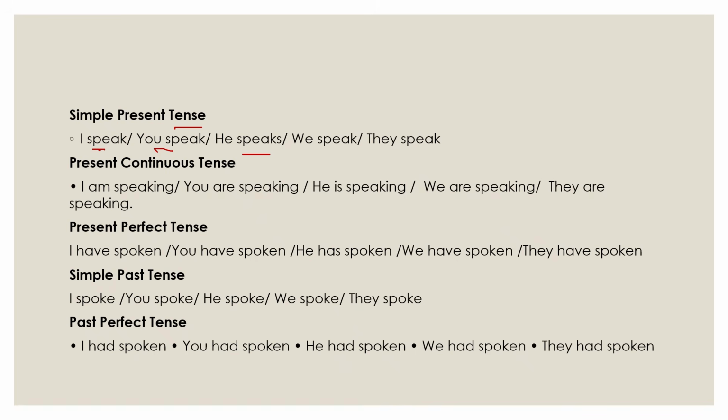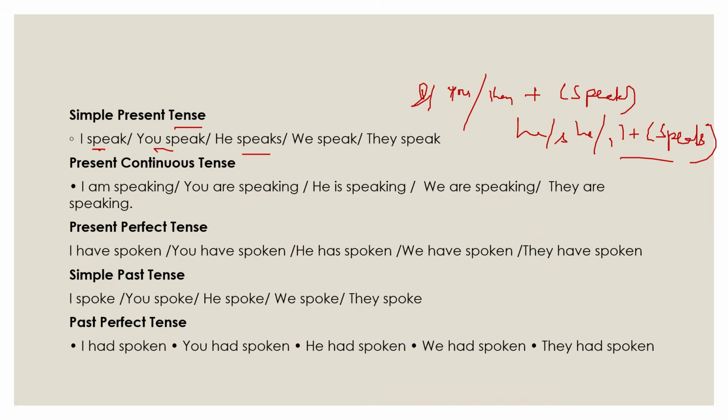I speak, you speak, he speaks, we speak, they speak. As you already know, I, you, we, they all take the base verb, speak, and he, she, it take speaks.